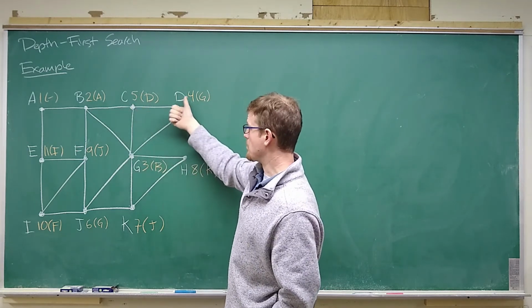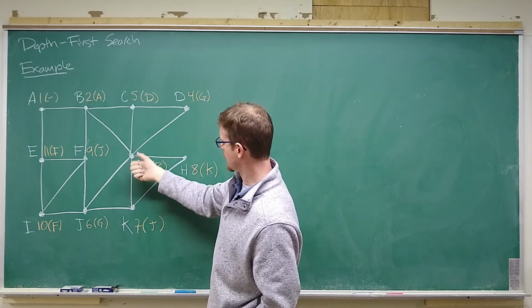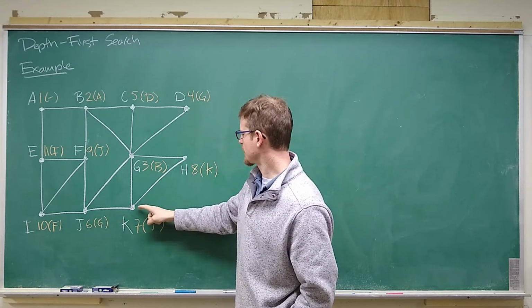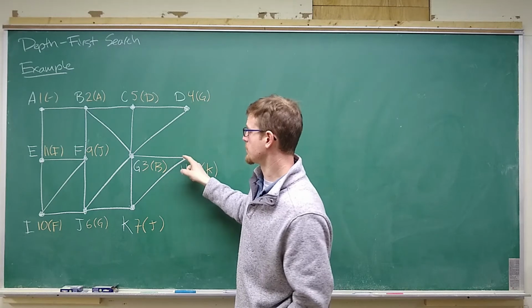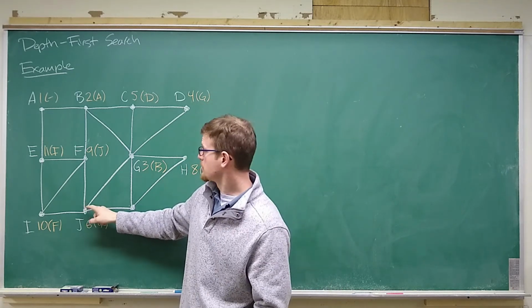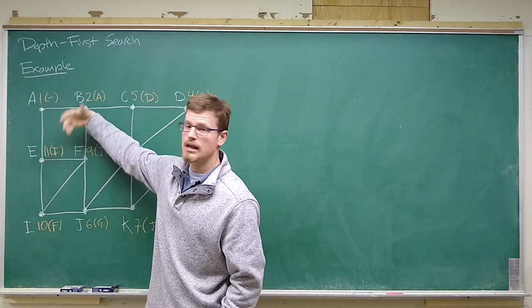So we had to backtrack to G, where we then went to J, then to K, then to H, and again, we got ourselves stuck, nowhere else to go, so we have to backtrack to J, and at J we had options again, so we went up to F, down to I, up to E, and there's nothing else to label.